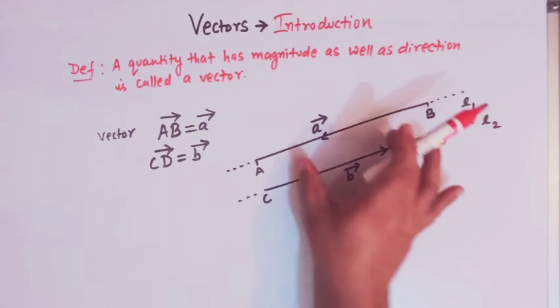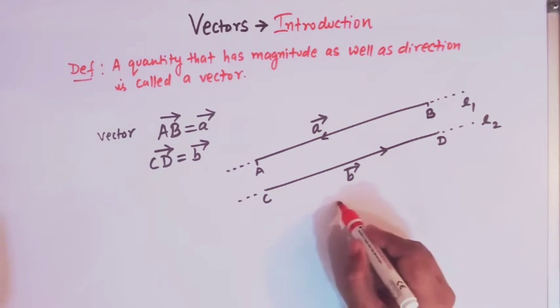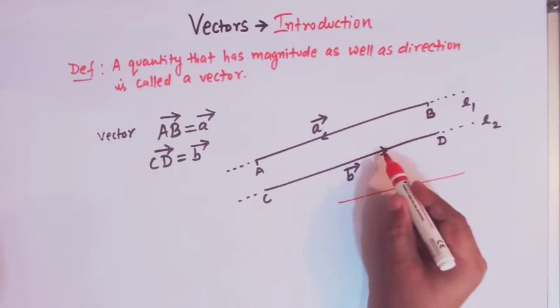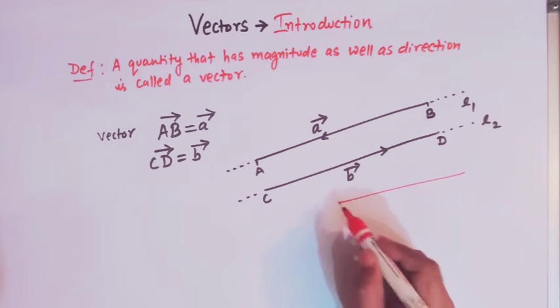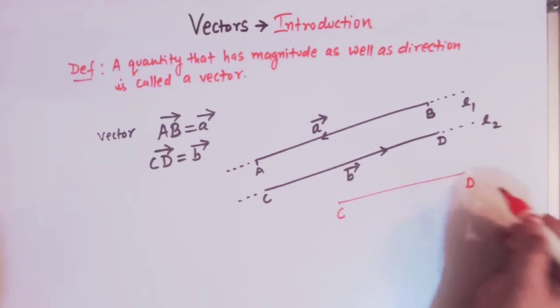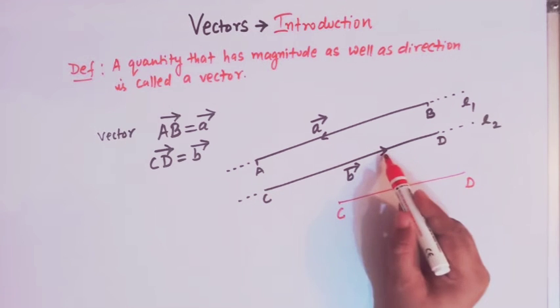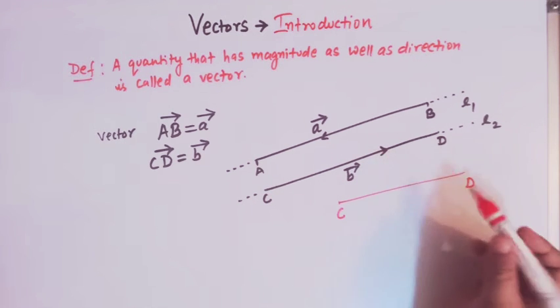Now let us take this vector, and I am again drawing it like this. Suppose let us take this vector CD. Here we have C and here we have D, and the direction of this vector is shown here.